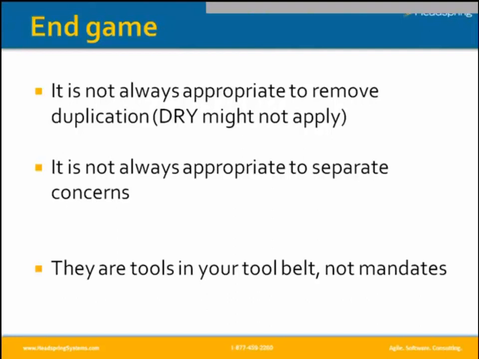It's not all or nothing. It's also not always appropriate to separate concerns. Each of these principles is good, and they need to be tools in your tool belt. But it's not an all-or-nothing game. It's not always appropriate to apply them, and we'll see why as we walk through the examples.